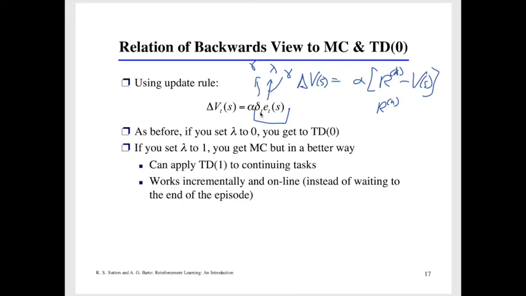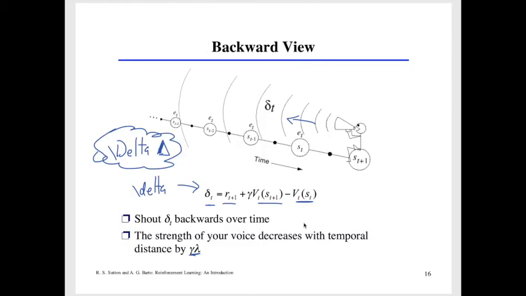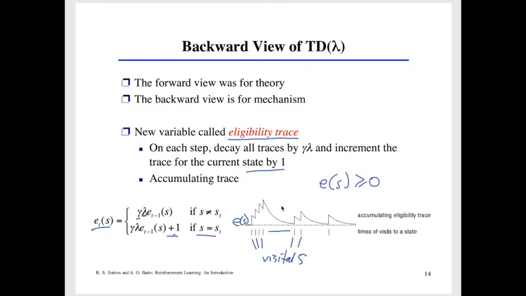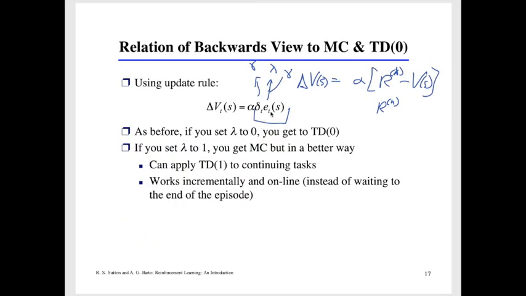All of those forms are now encapsulated into these other things. Remember, delta is named delta because it really is just the difference of the values that we have here. And then the trace is this function that decays over time with all our temporal weighting parameters rolled into it. So now our update is just these three things all together, and we get the same form that we had before. If lambda is 0, we essentially get TD(0), because these updates will never be used; they'll always be 1 or 0 or nothing.